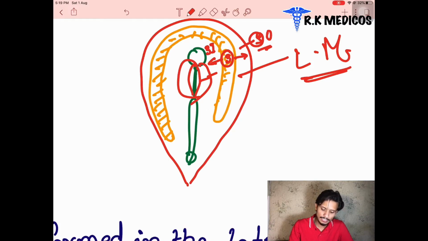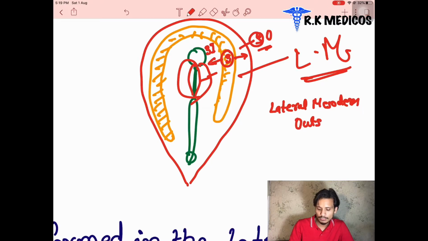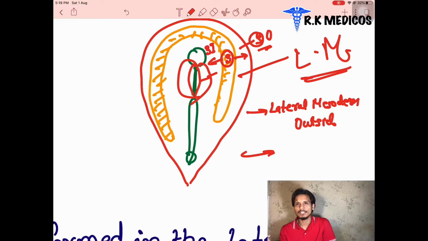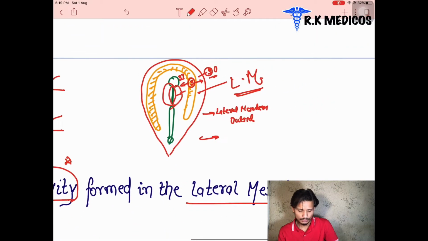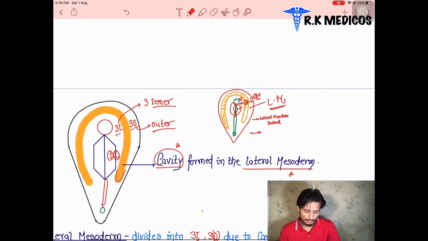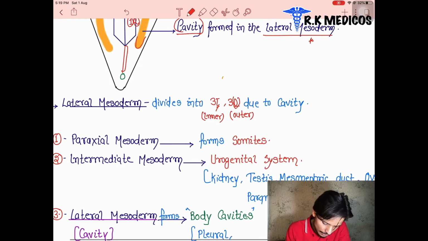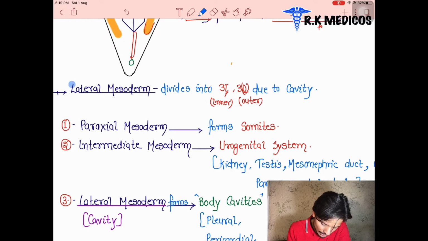So you can say there is lateral mesoderm outside the cavity, or second, lateral mesoderm inside the cavity: the outer part of the lateral mesoderm and the inner part of the lateral mesoderm. Now you can see the lateral mesoderm is divided into 3I and 3O, the inner part and outer part, due to a cavity.